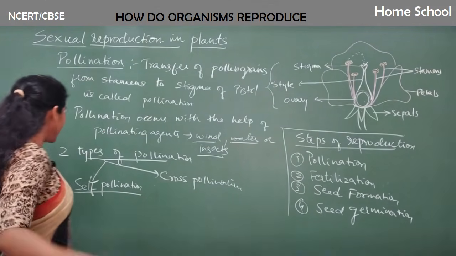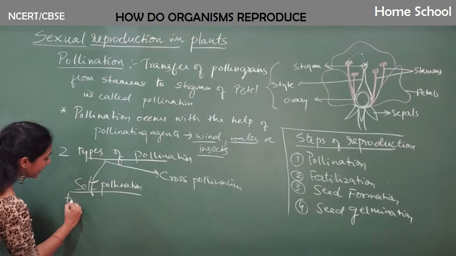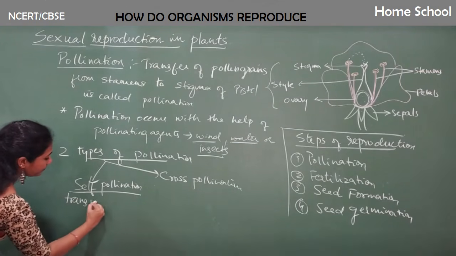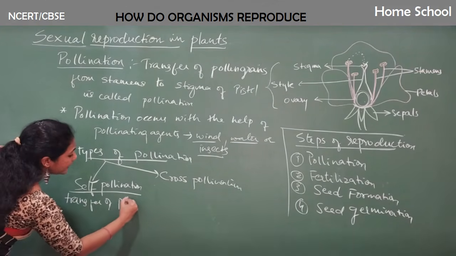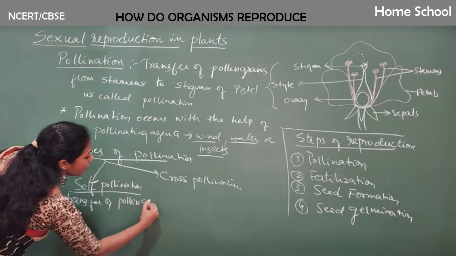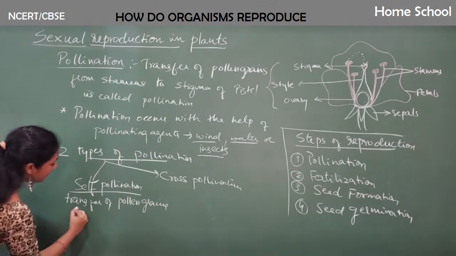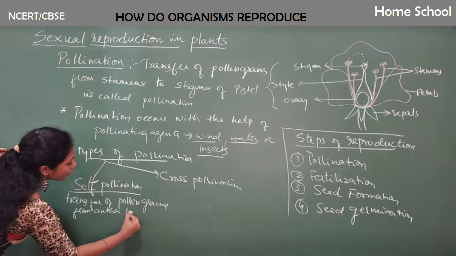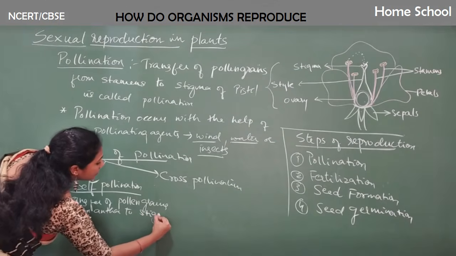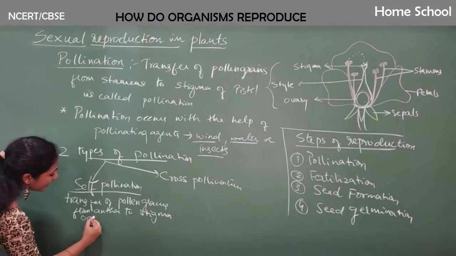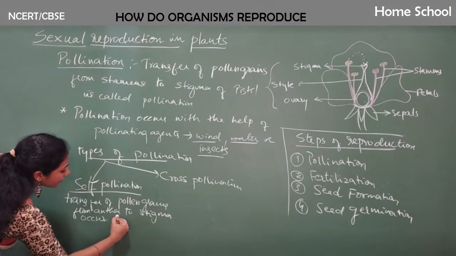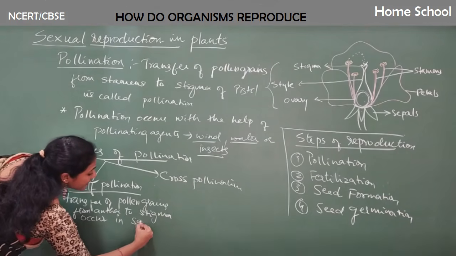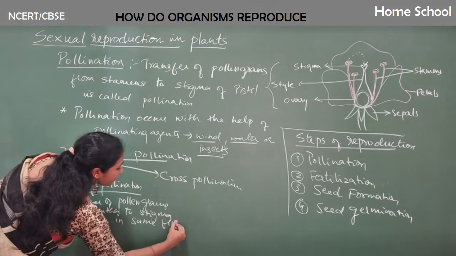So what do you write here? Transfer of pollen grains from anther to stigma occurs in the same flower, or takes place in the same flower.